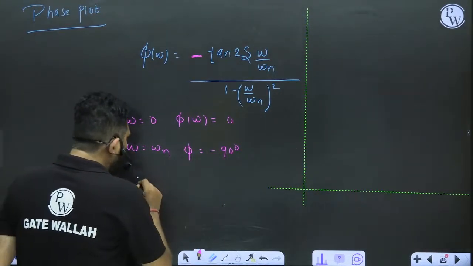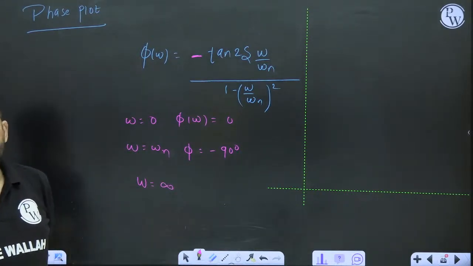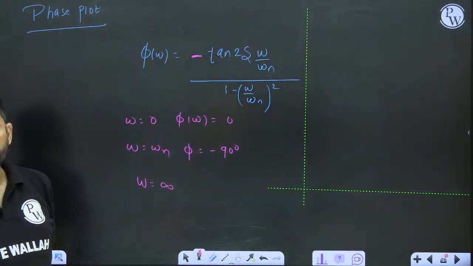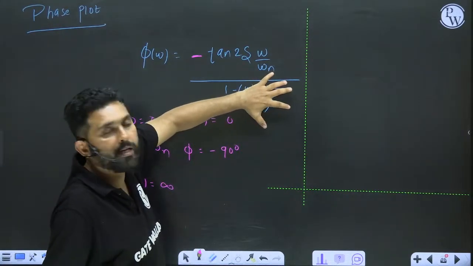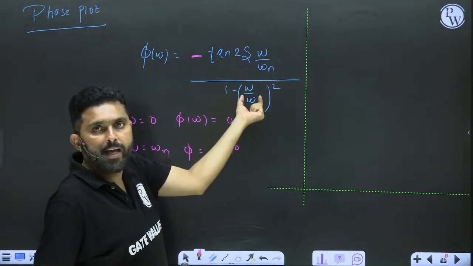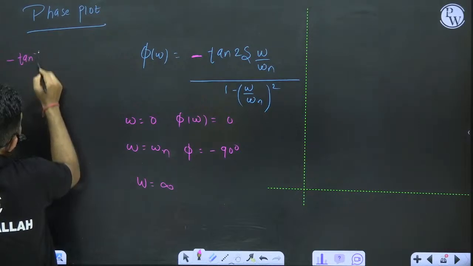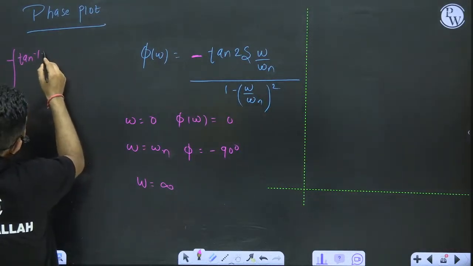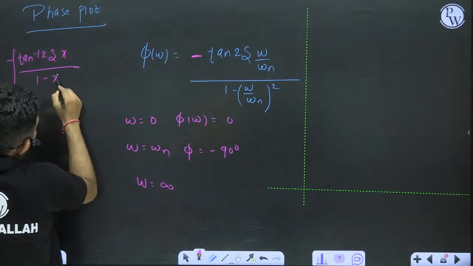Question is, what happens when omega is equal to infinity? Don't you think this term is now very high? So let me write it this way: we have minus tan inverse of 2 zeta x divided by 1 minus x square.